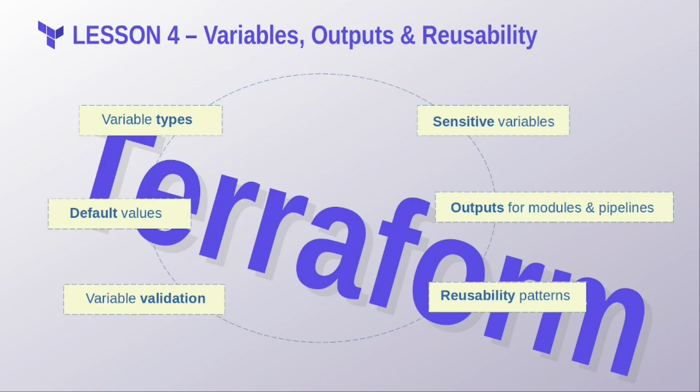Terraform becomes powerful when the same code can work for staging, development, and production without rewriting everything. And to do that, we need three core concepts: variables, outputs, and reusability patterns. Let's start.